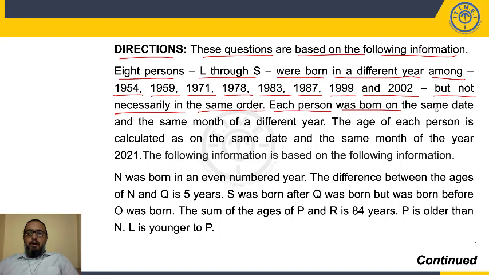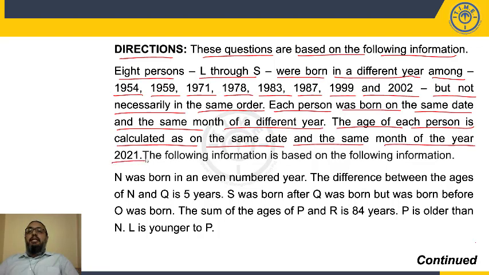Each person was born on the same date and the same month of a different year. The age of each person is calculated as on the same date and the same month of the year 2021.